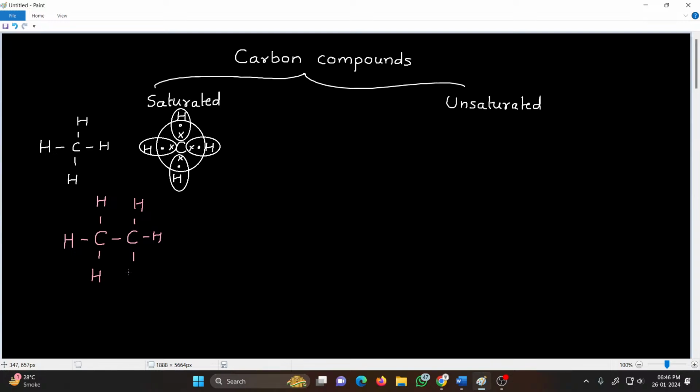So, a compound can be formed like this. This is C2H6, and the name of the compound is ethane. Similarly, 2 carbon and 6 hydrogen form a compound C2H6 and its name is ethane.